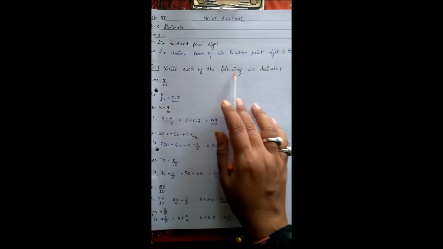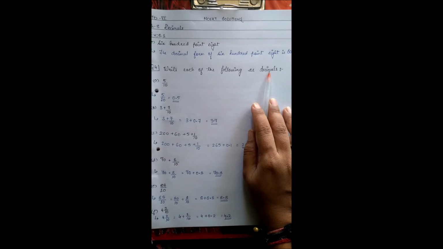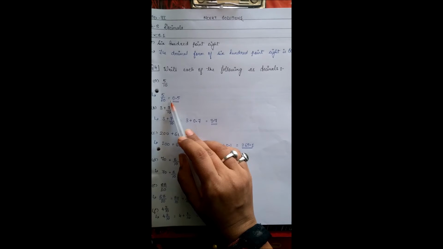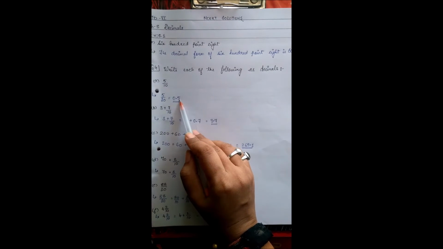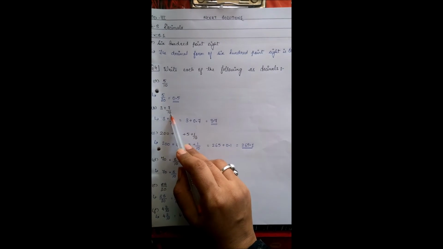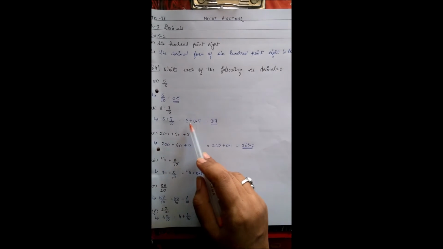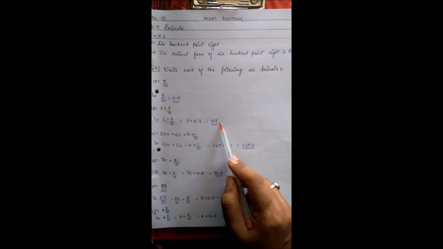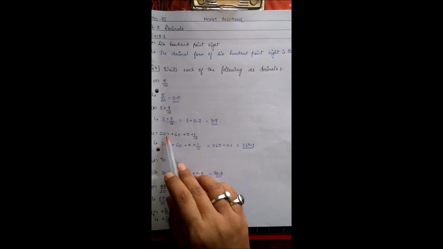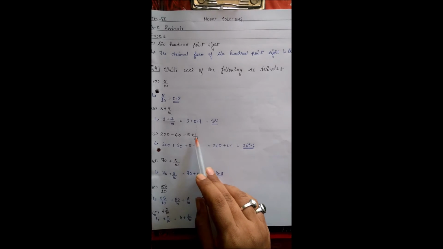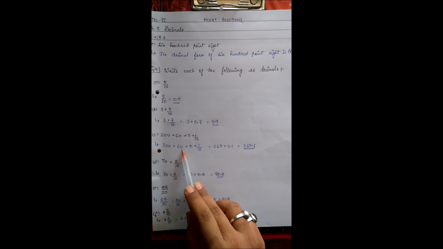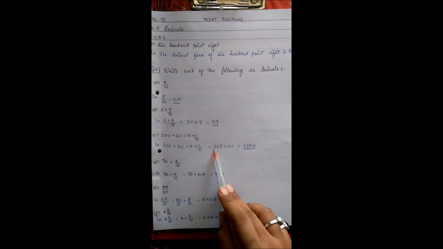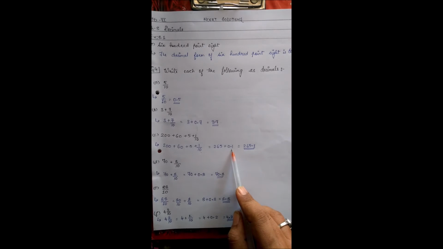Question 4. Write each of the following as decimals. So A, 5 upon 10. So 5 upon 10 can be written as 0.5. 3 plus 7 upon 10 equals 3 plus 0.7 equals 3.7. 200 plus 60 plus 5 plus 1 upon 10 can be written as 265 plus 0.1.